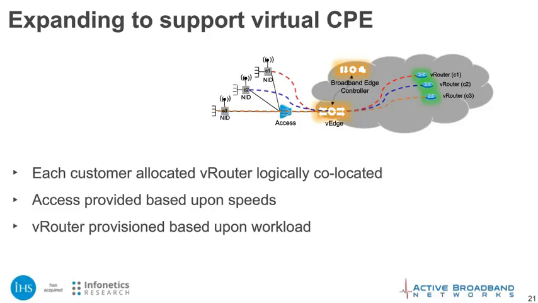So you connect the customer up with a gigabit speed connection, but their actual usage of that connection is much lower, and therefore the router associated with that needs to have the appropriate performance to be small enough for the real use of the customer, or alternatively large enough for very high performance customers. And again, this I/O optimized environment that we have from Intel allows us to do exactly that, to run very small instances without I/O optimization like DPDK, or provide very high performance instances using technology like DPDK.